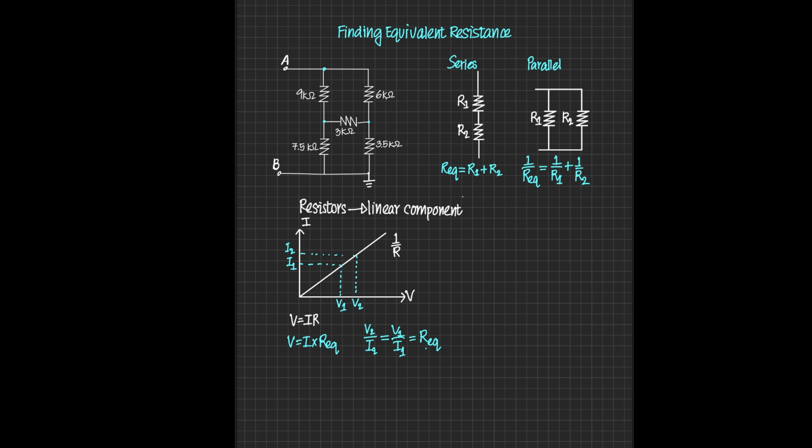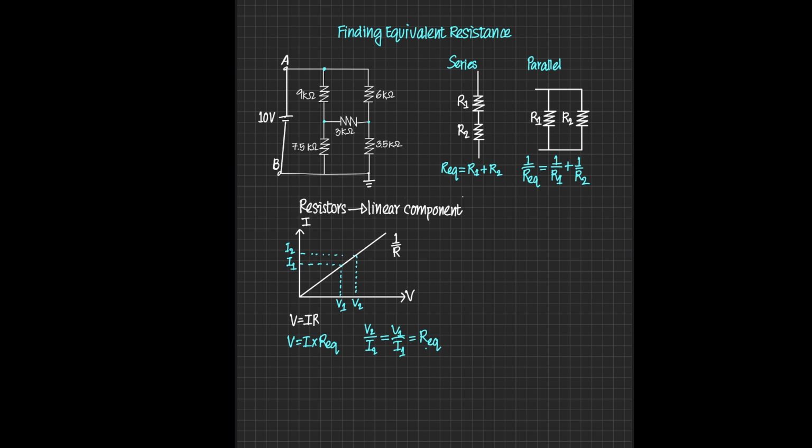So using this information, we can apply a voltage into the circuit, let's say 10 volts. It can be any applied voltage: 5 volts, 20 volts, 30 volts. For the sake of ease of calculations, I have applied 10 volts in the circuit.